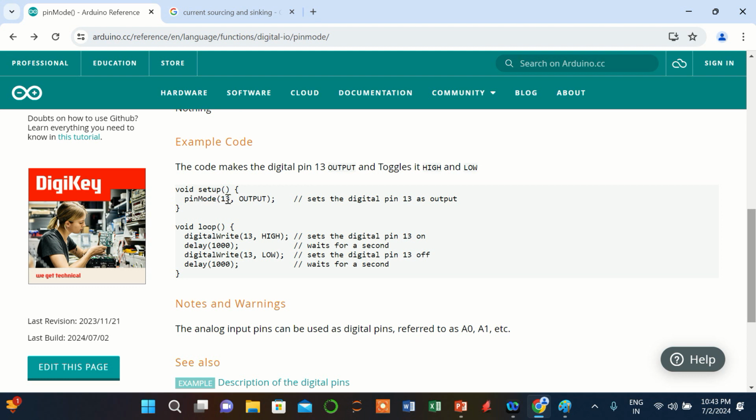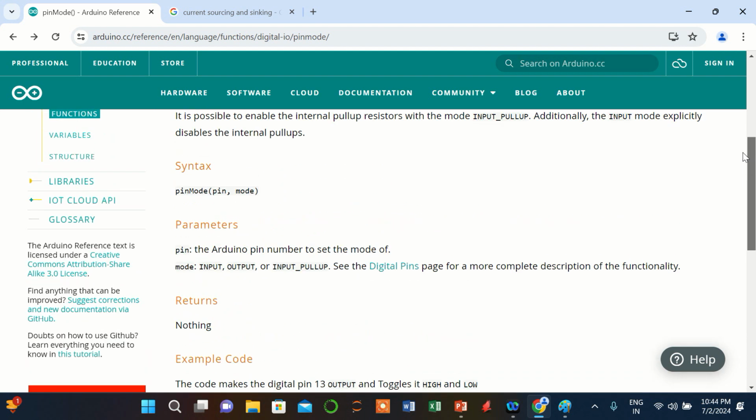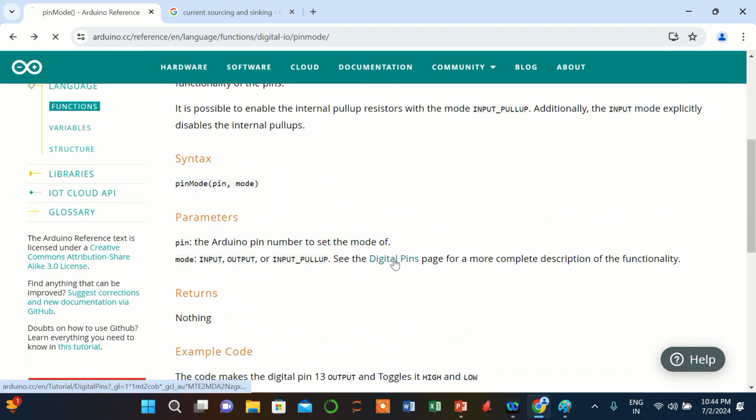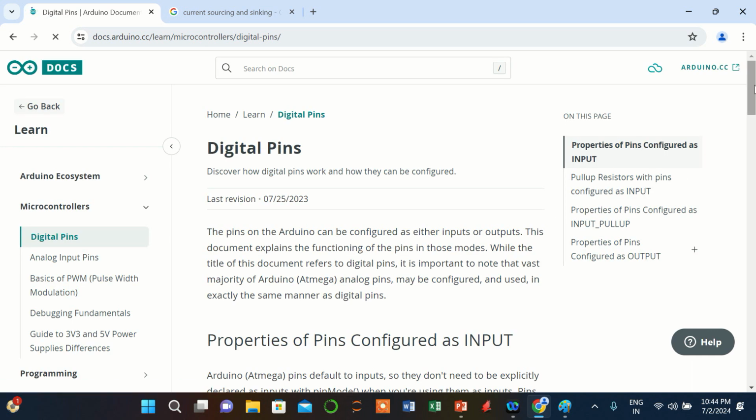The program is as follows: void setup, the one-time initialization, is pinMode. Whichever pin you want to configure as input or output, you mention that. In today's session it is input. Then in void loop, you do whatever you want, reading the pin. That's the traditional way.